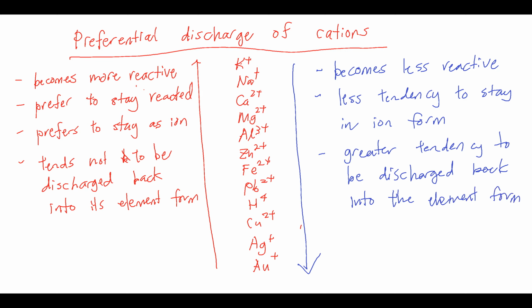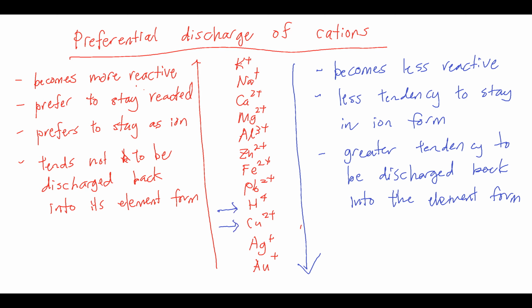In other words, when comparing cations, the cation that is lower in the reactivity series will be discharged. For example, if we have an aqueous solution of copper 2+, we are comparing hydrogen ion and copper ion.